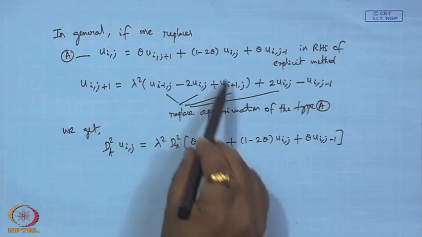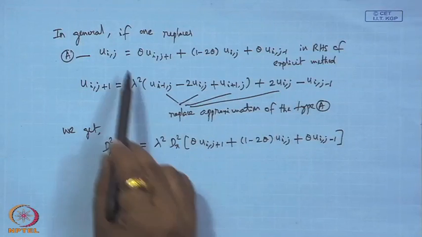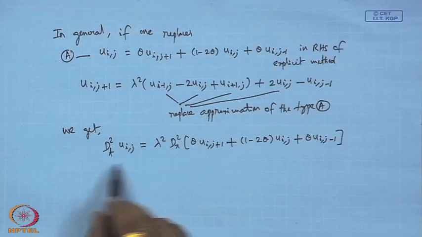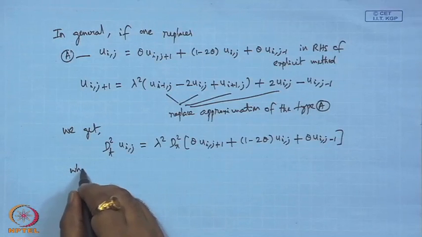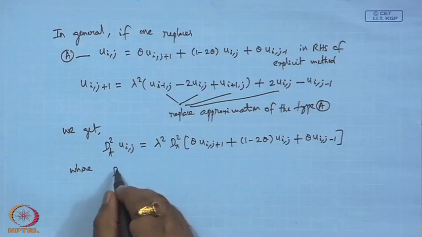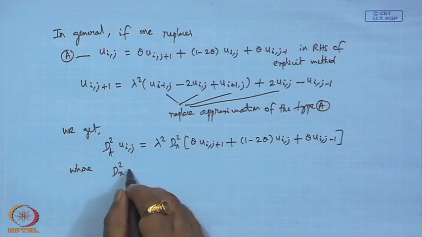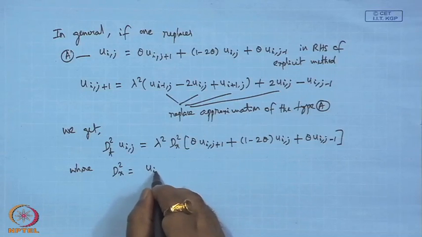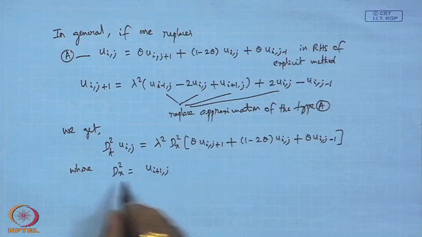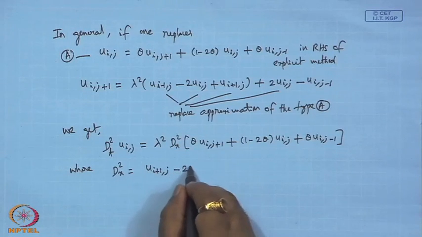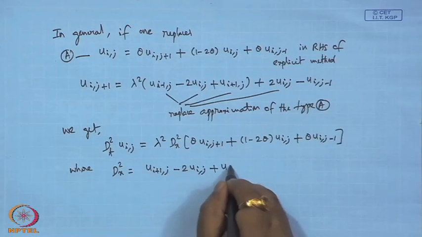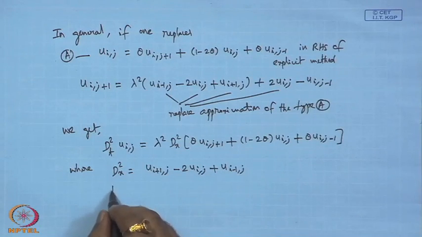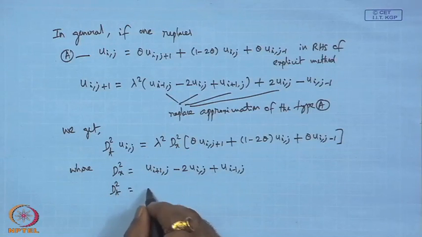So, when we replace right hand side of explicit method by an approximation of this type, we get this, and we have to abbreviate what is these notations. So, this notation is with respect to x, which is nothing but the central, and this is t.